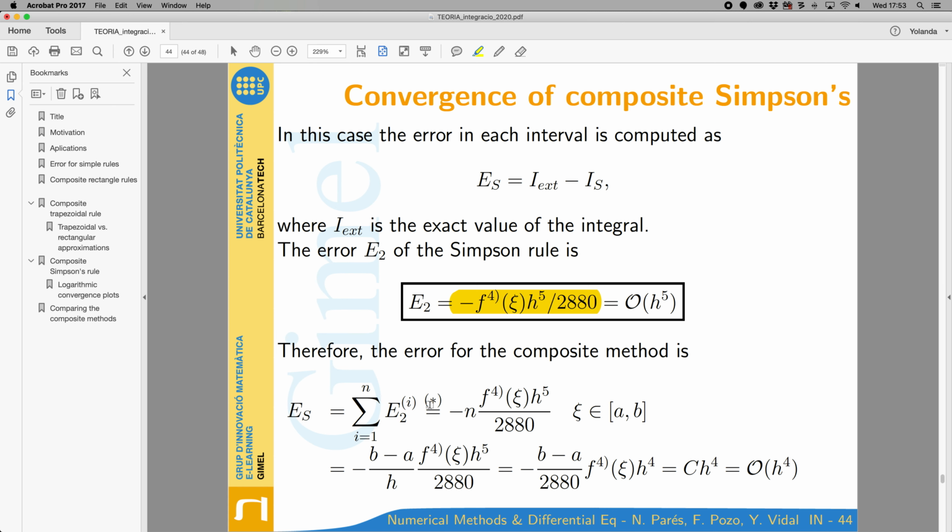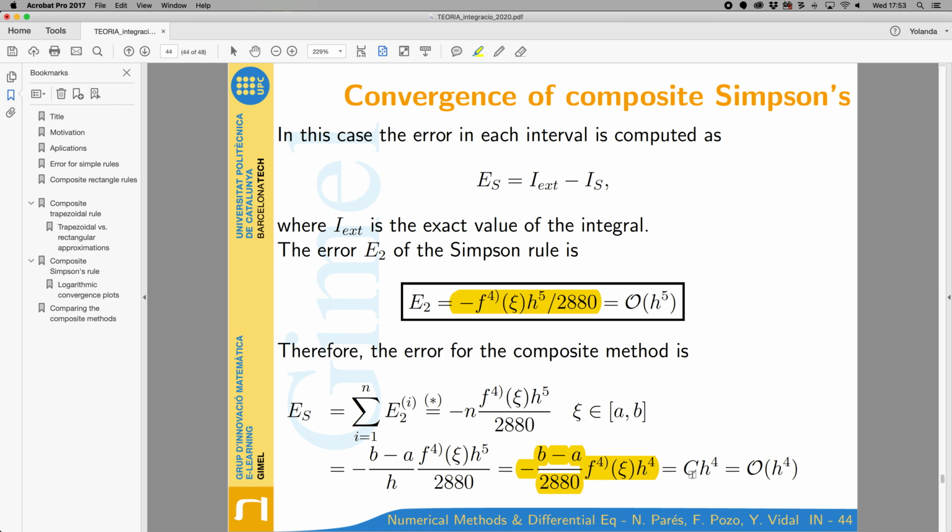Again, we will use the mean value theorem, and we will get this formula, where C lives between A and B. Sorry, this is the last one, already simplifying the h, okay?